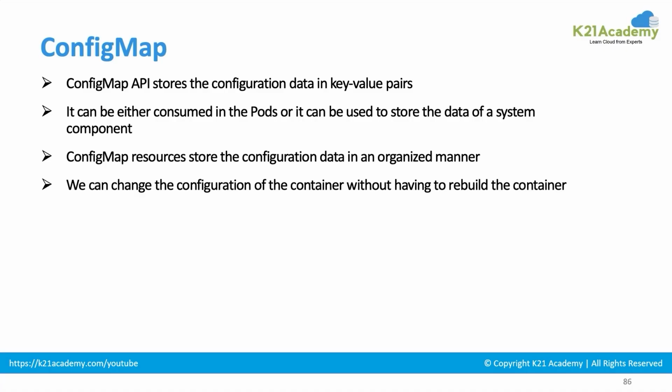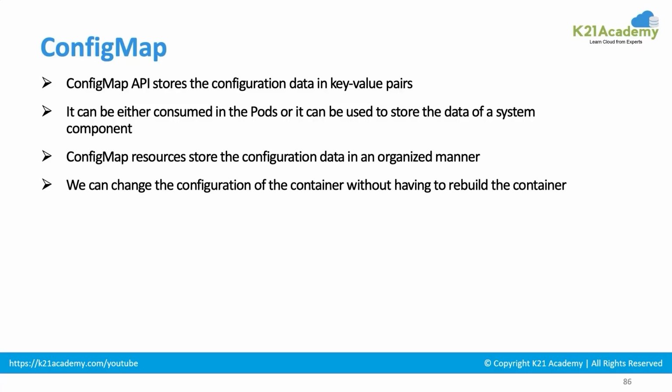We would create a kind ConfigMap, store the data in it, the key and the value, and that particular ConfigMap would be used inside the container so that the container gets the value of it. At runtime, we would not go inside the container and change the value. Rather, you change the ConfigMap and that should reflect inside the container.